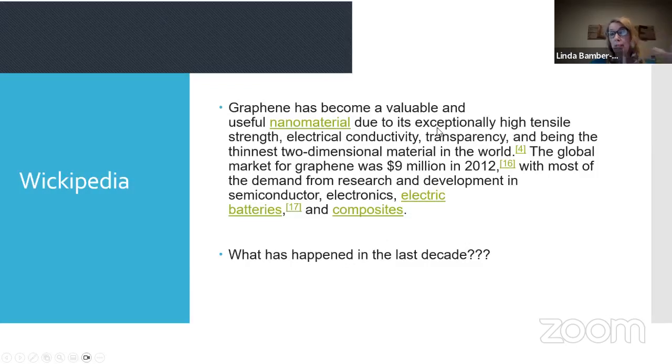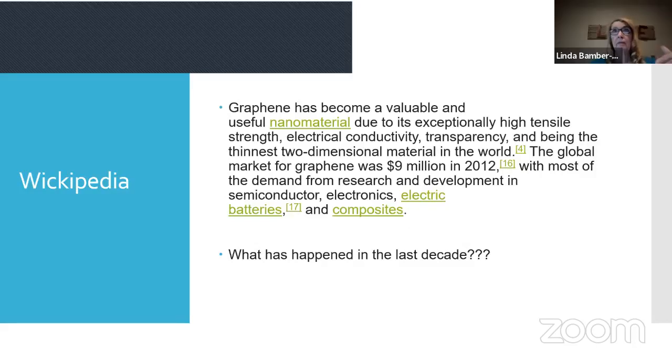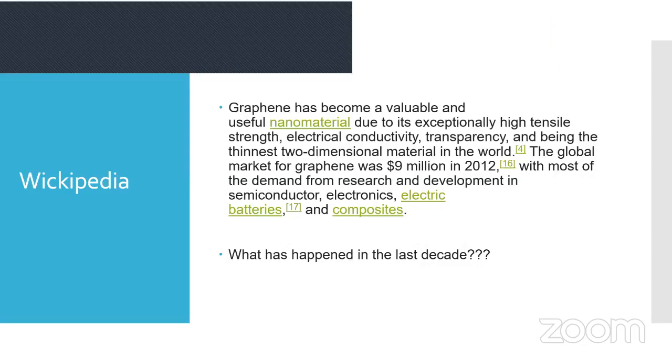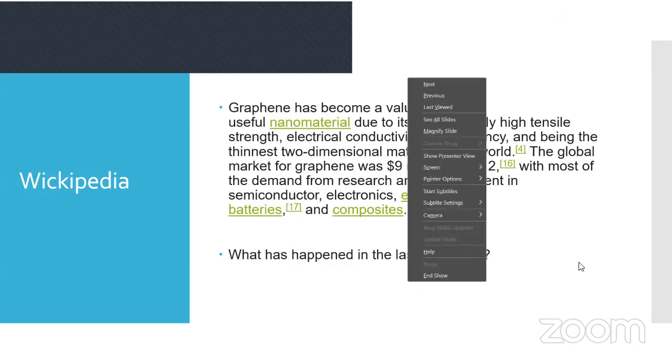So that was just 2 years after it came out. There was 9 million. I don't have a figure, but obviously, just like Virgil has been saying, it's just gone over the top. And we are being overtaken with this product because of all of the possibilities and things that it can do.